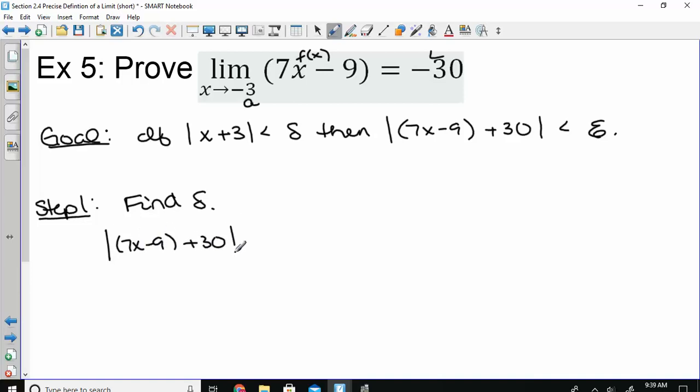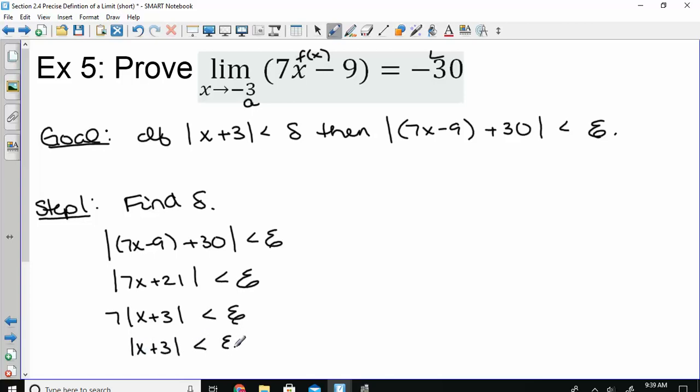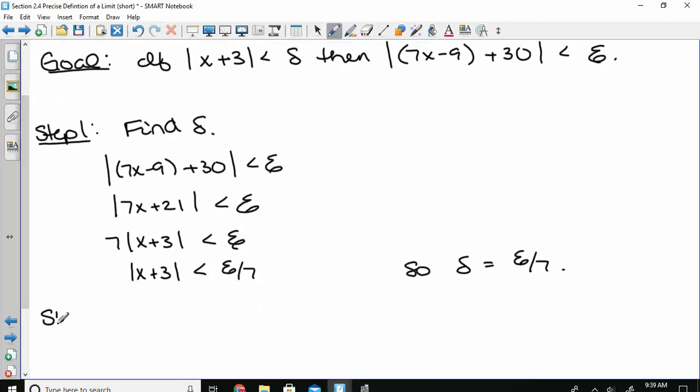So first we find our delta. We start with that second half. So inside we can combine like terms. What can you do now? And then what? So I need my delta to equal epsilon over 7.